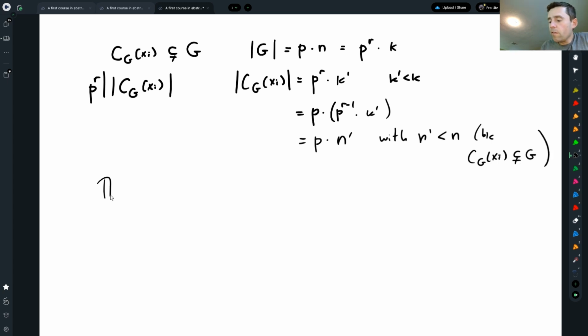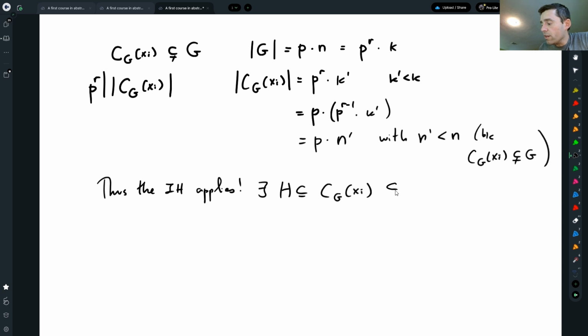Then the induction hypothesis applies, and there is a subgroup of the centralizer, which in turn is a subgroup of G, with the order of H being exactly p to the r, and we win.